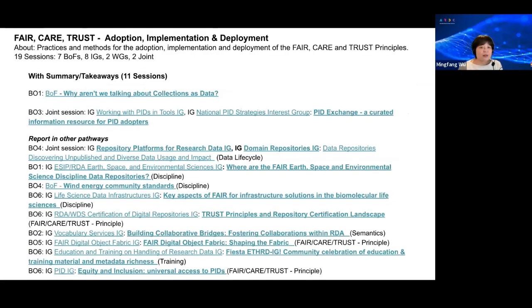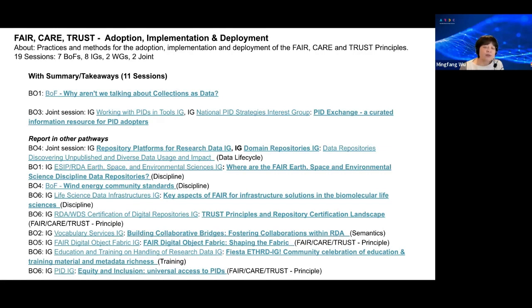So that was FAIR, CARE and Trust along the principles. The second pathway is FAIR, CARE and Trust along adoption, implementation, and deployment. It has topics about practice and method for adoption, implementation, and deployment.